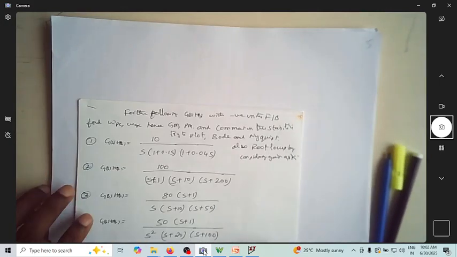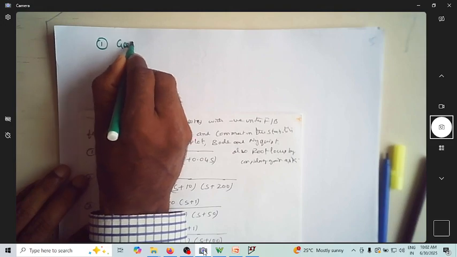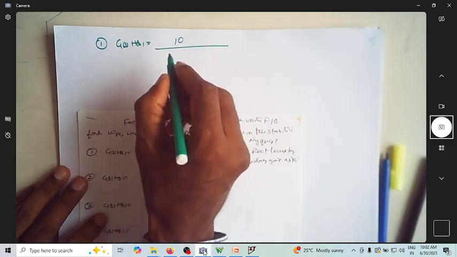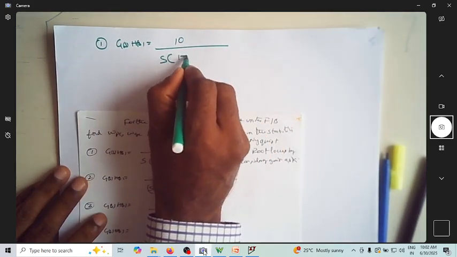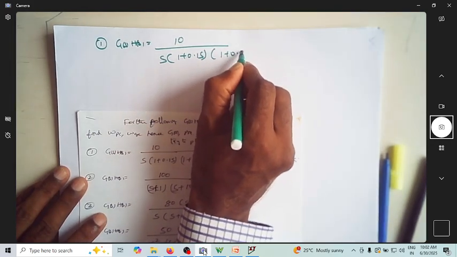Let us start doing problems one by one. Let me just take the first problem, which is G(s)H(s) given by 10 by s into 1 plus 0.1 s into 1 plus 0.04 s.